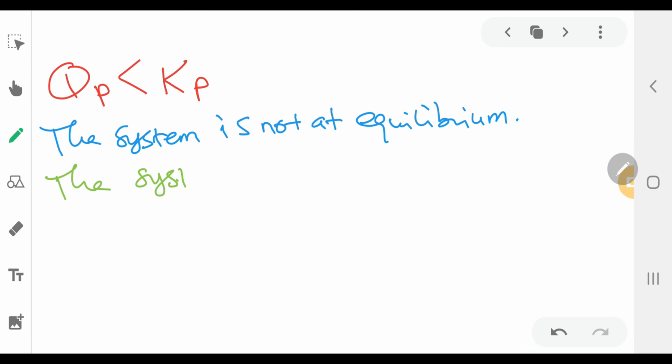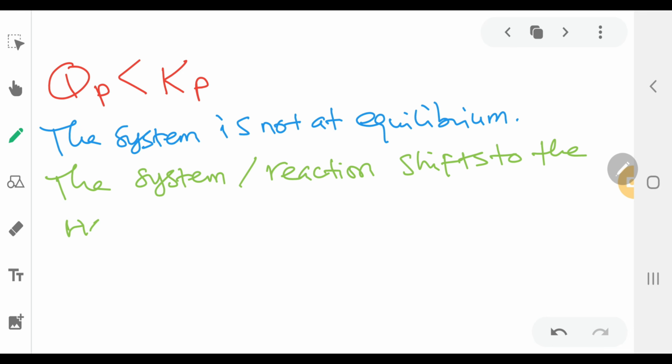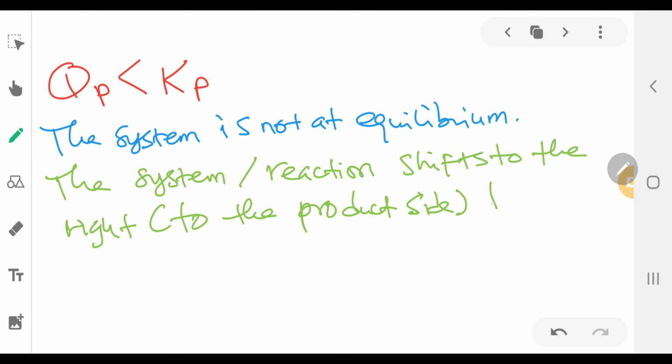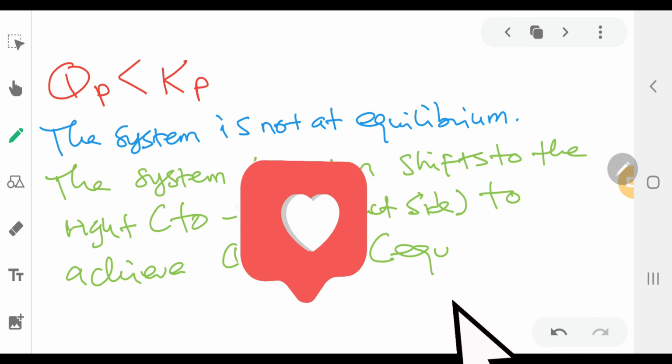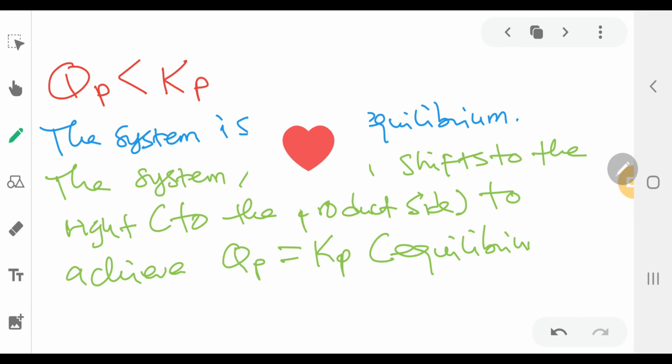The system or reaction shifts to the right, to the product side, to achieve Qp equals to Kp, in brackets, equilibrium.